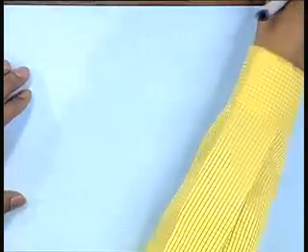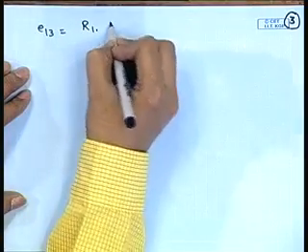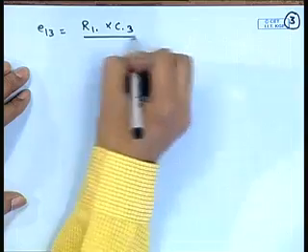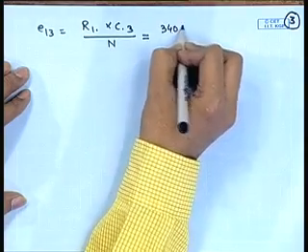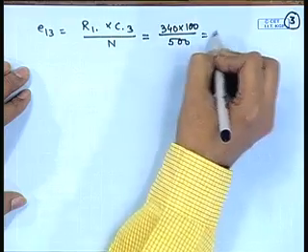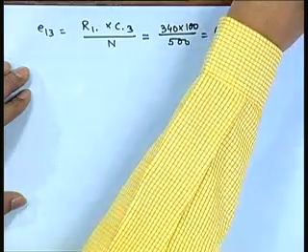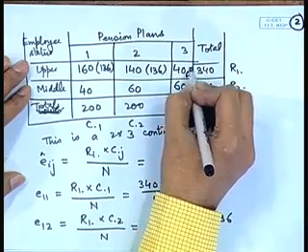Similarly, we can calculate E13, that is R1 dot into C dot 3 divided by n, that is equal to 340 into 100 divided by 500, that is equal to 68. So this value is 68.